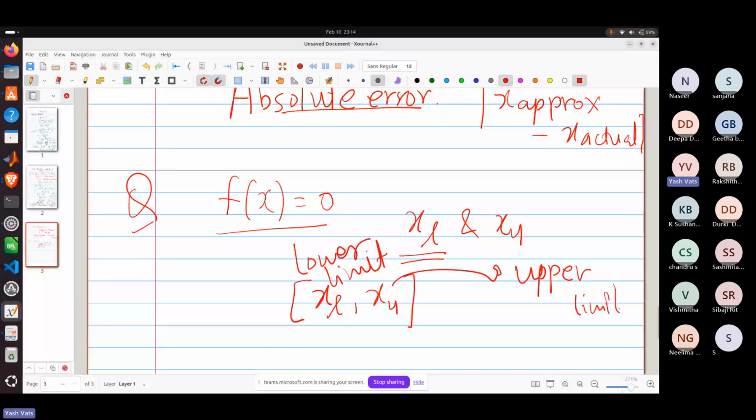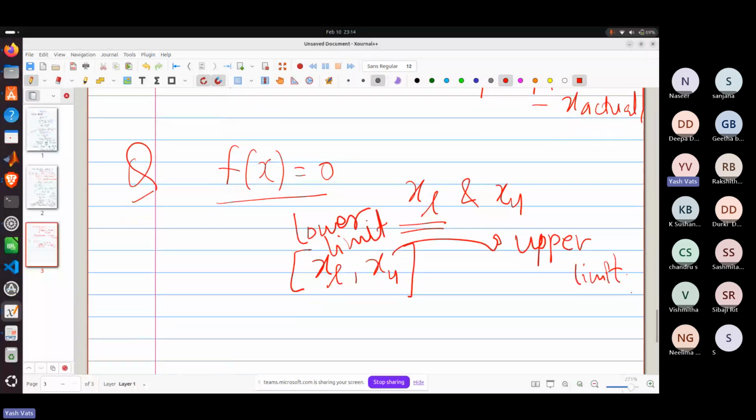Then what will be the absolute relative approximation error at the end of the iteration?